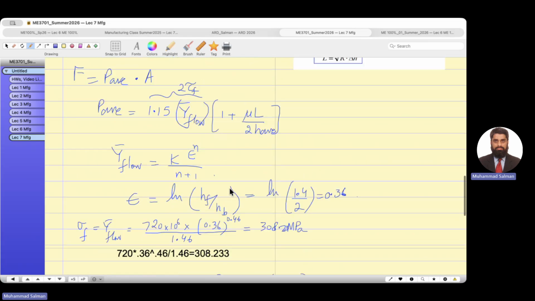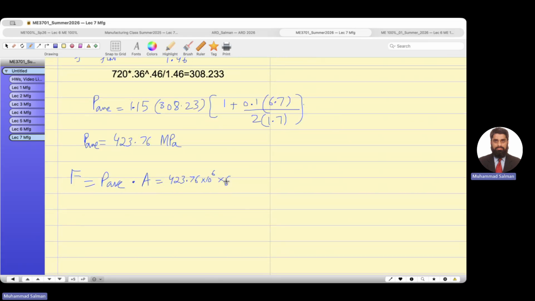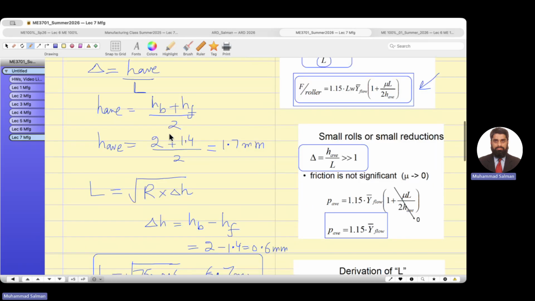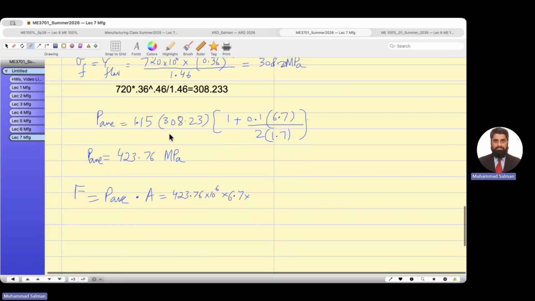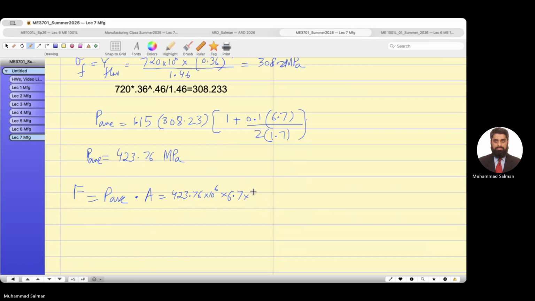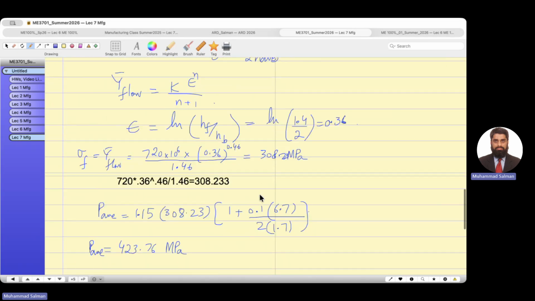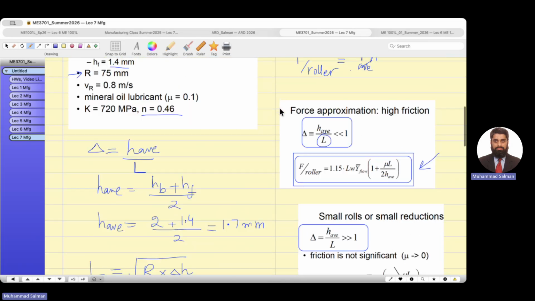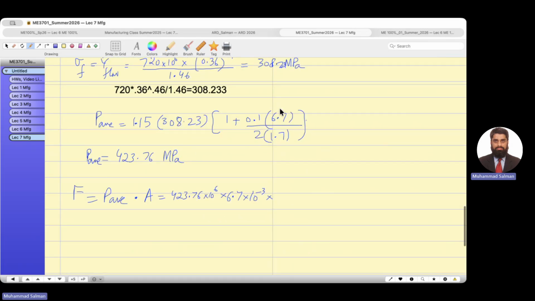Arc length is how much? 6.7, right? And the width of the roller, was it? Yes, width of the roller is 10 millimeter. 10 millimeter. Let me check. 6.7 millimeter. So can you convert it into 10 to the power negative 3 times how much? Width is 10 times 10 to the power negative 3.